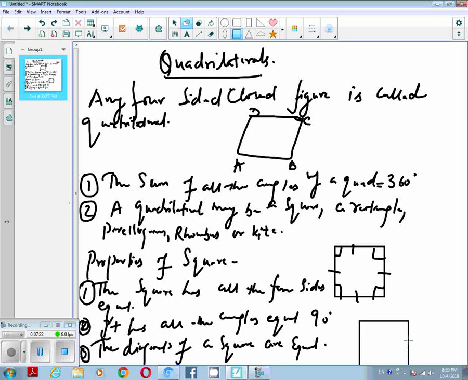This is a square. So this diagonal AC is equal to diagonal BD. Both these diagonals of a square are equal.